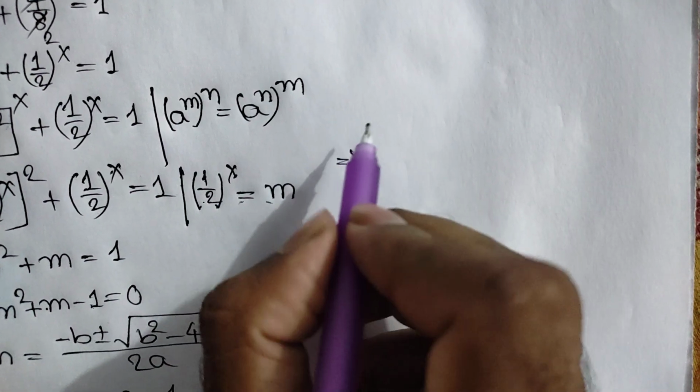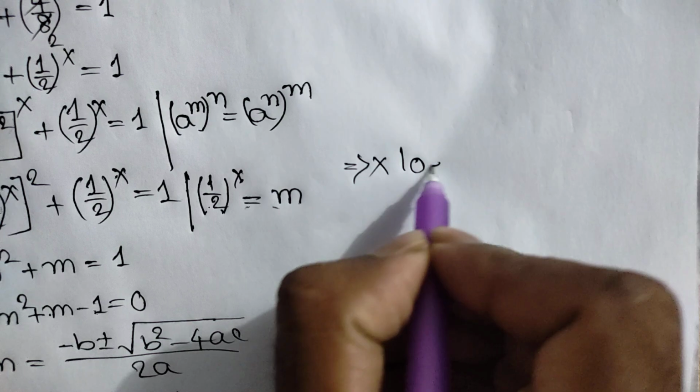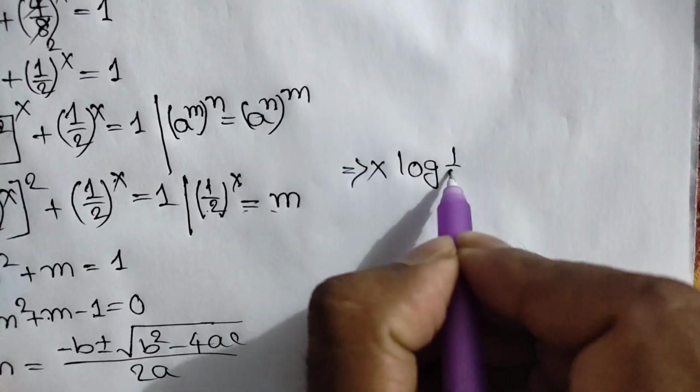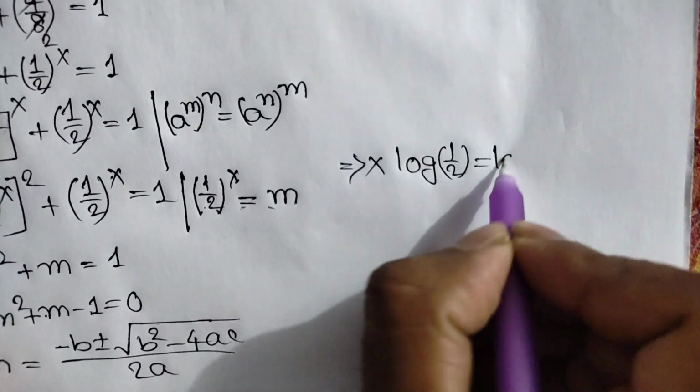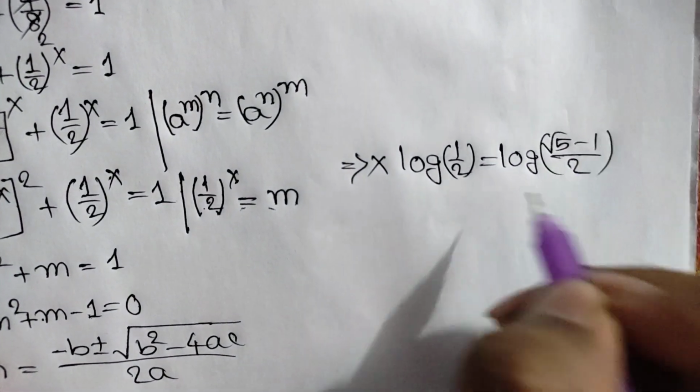Here we can apply a rule. So here we can write x times log of half is equal to log of square root of 5 minus 1 over 2.